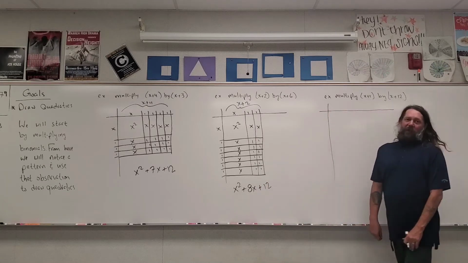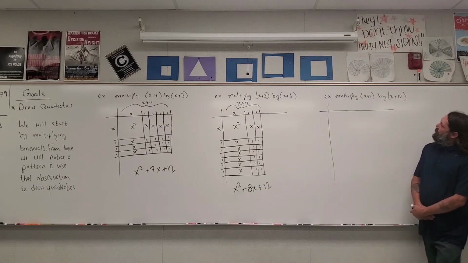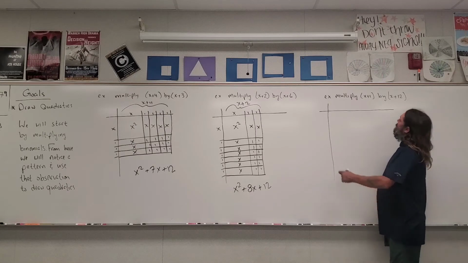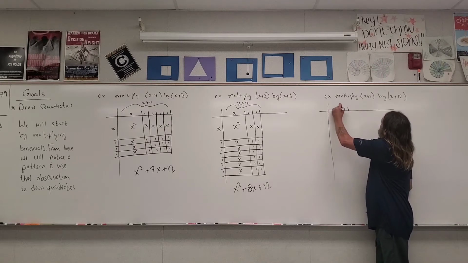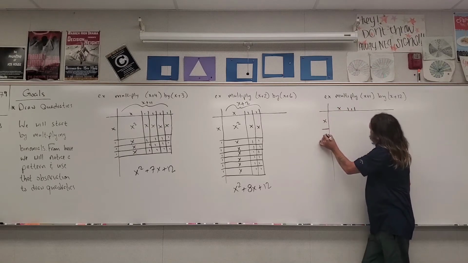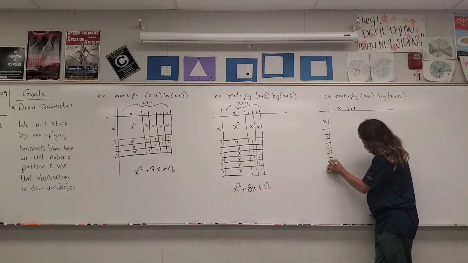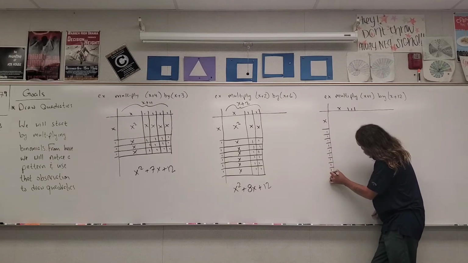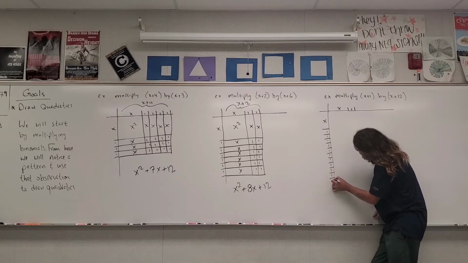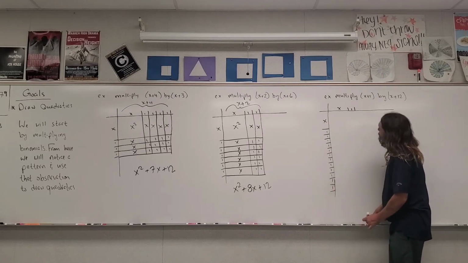Alright, one more I need to multiply. I want to multiply x plus 1 by x plus 12. So here's my x, here's my 1, and let's go to plus 12: 1, 2, 3, 4, 5, 6, 7, 8, 9, 10, 11, 12.